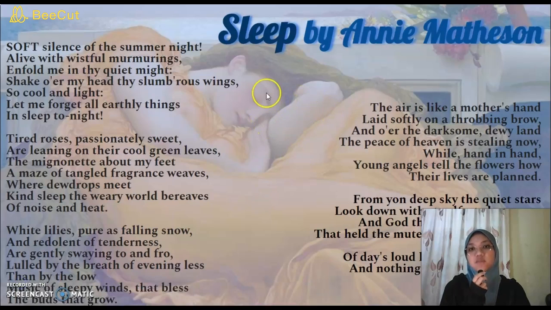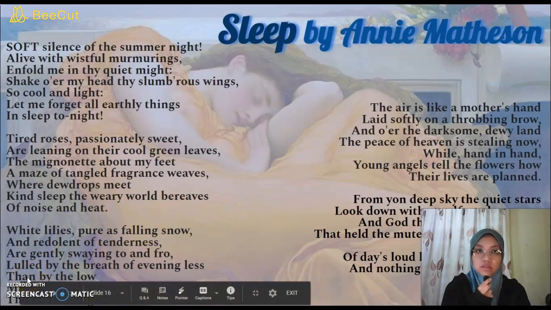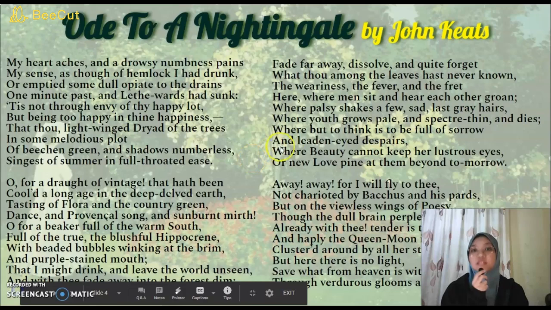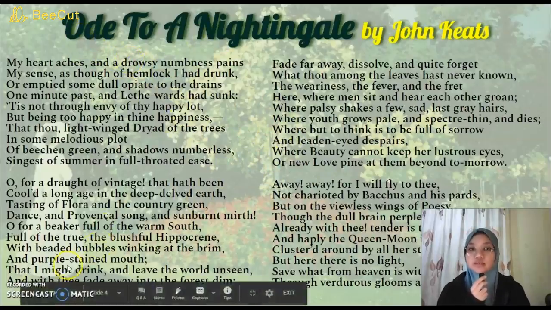And last but not least, we have the poem Sleep by Annie Matheson. This poem tells us about a peaceful night where the speaker can relax and forget all about the troubles and worries. So, without further ado, my friend Rihanna will tell us more about the first poem, Ode to a Nightingale.